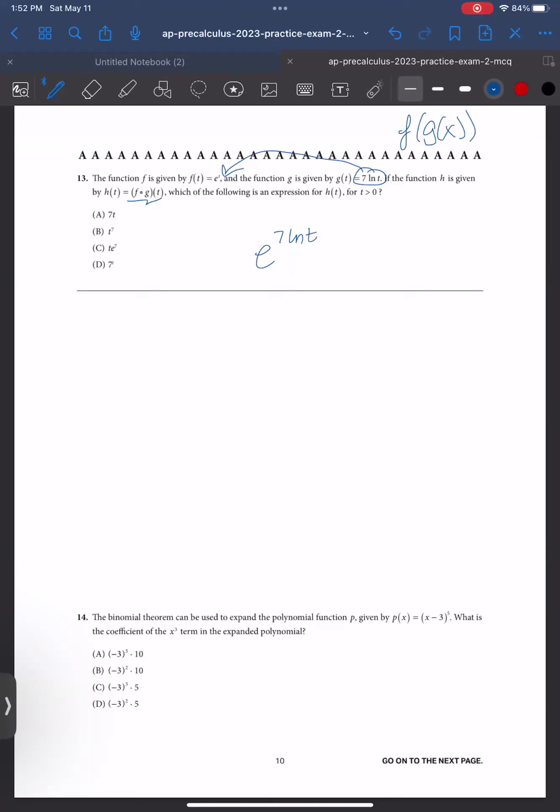Now, before I do anything else, I want to rewrite it so that it's e to the ln of t to the 7th. So that's going to eliminate my e and my ln, leaving me with just t to the 7th, which is B, which is the correct answer.